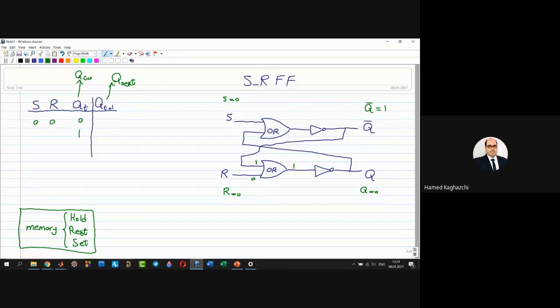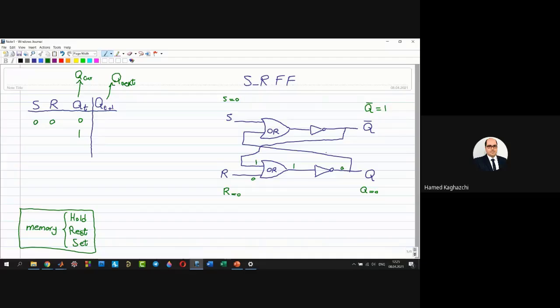Yes, because this is the OR gate. One input is 1. It means that the output is 1. What about here, this output of the NOT gate? 0. This 0 is the Q because the output is connected to Q.